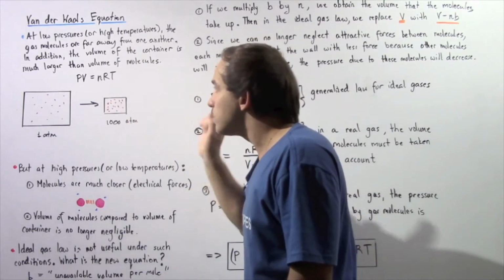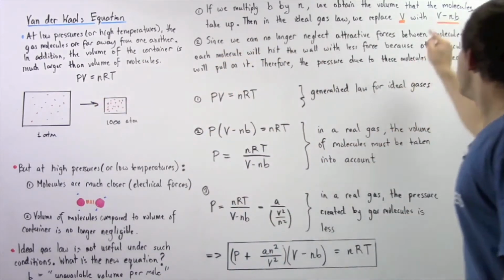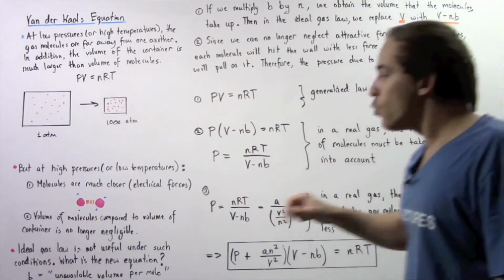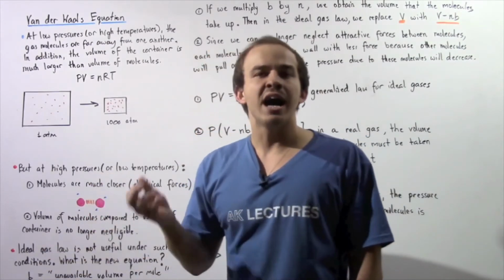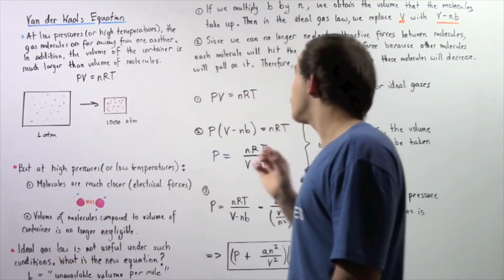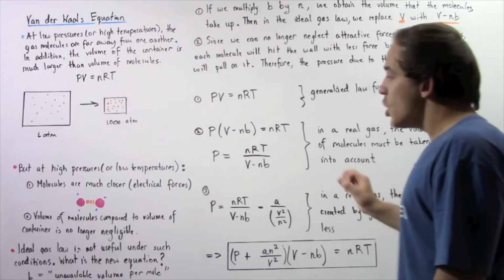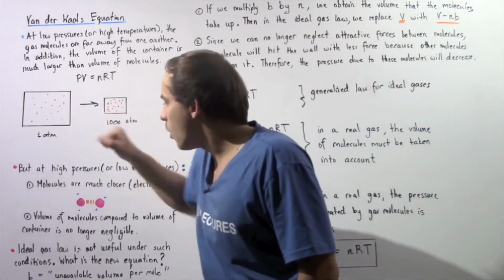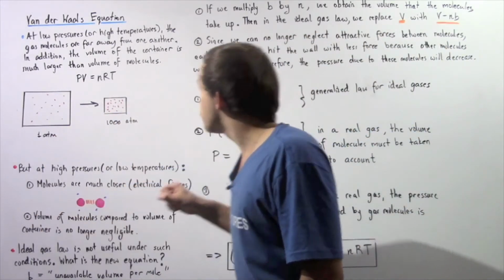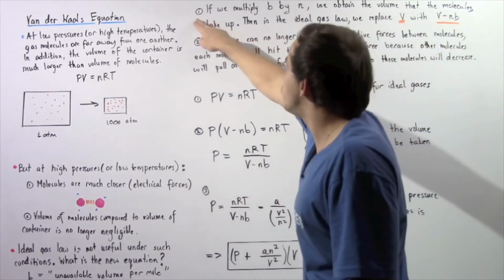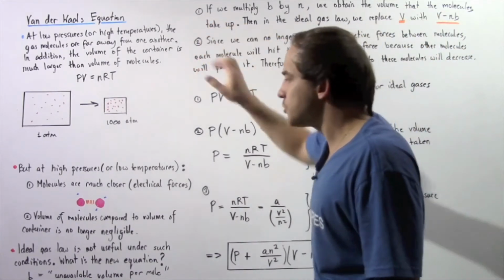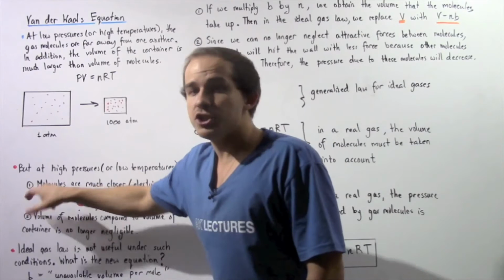So we must now replace V with V minus nb, where b depends on the type of gas that we are using. Now, what about deviation number one? Deviation number two was described in point one, and point two will describe deviation number one.